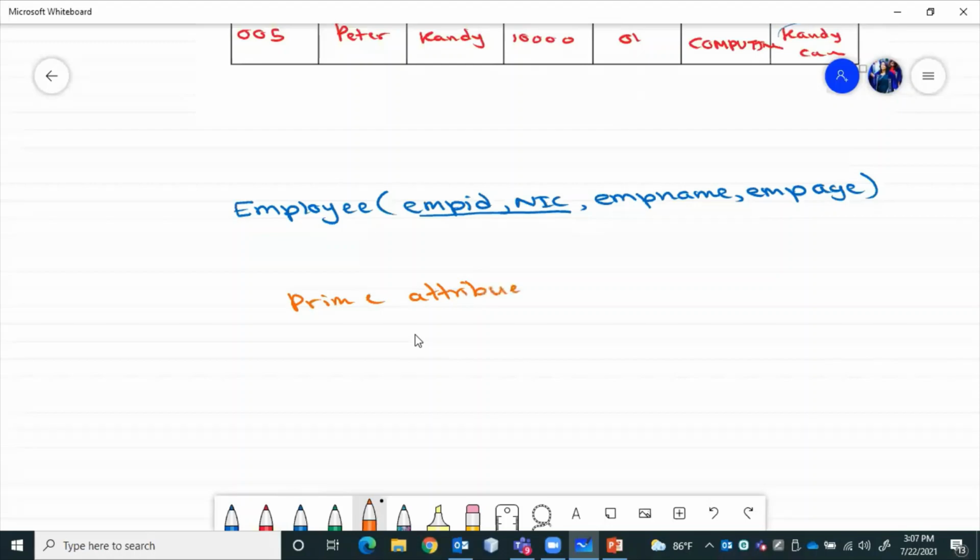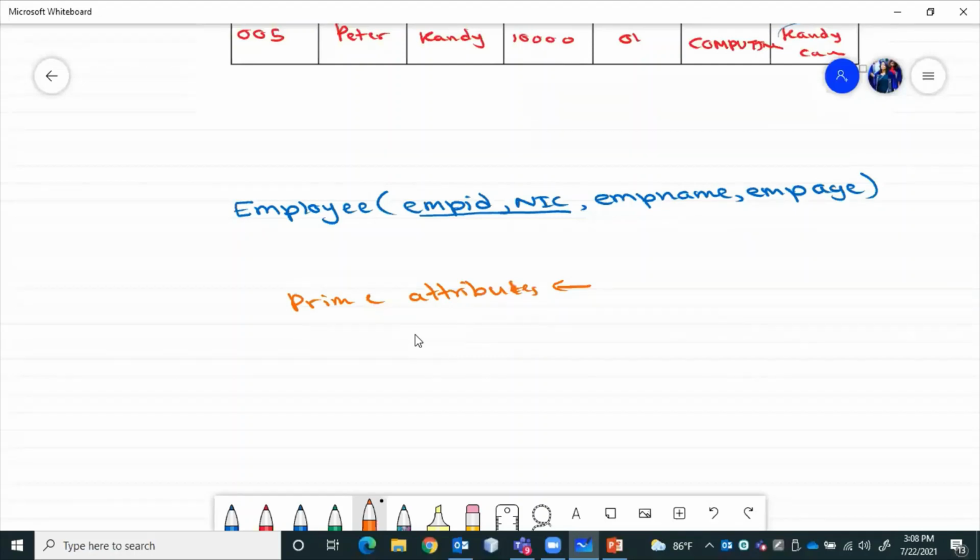Prime attributes means any attributes which are participating in the primary key. Sometimes it could be two, it could be one or more. Prime attribute means any attribute which is participating in the primary key. Here, just use your chat and send me what the prime attributes are in this particular employee relation.